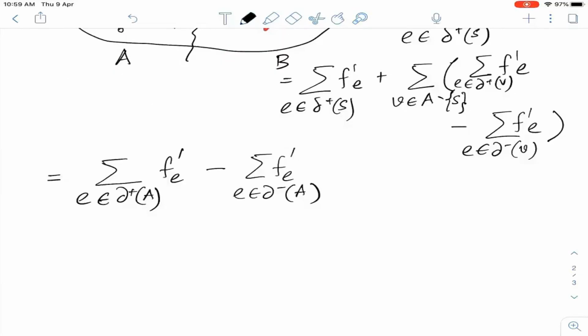Okay, so now I can say at most, this is the capacity of A comma B. Yeah, and why? Because this is sum of capacities of green edges.